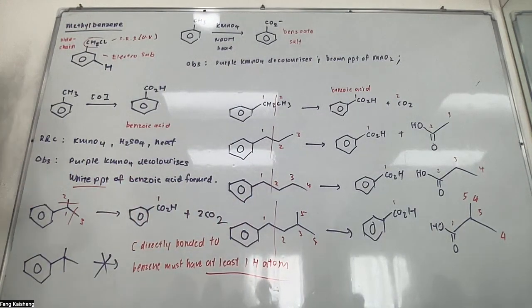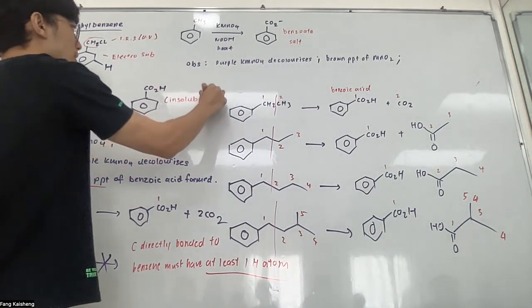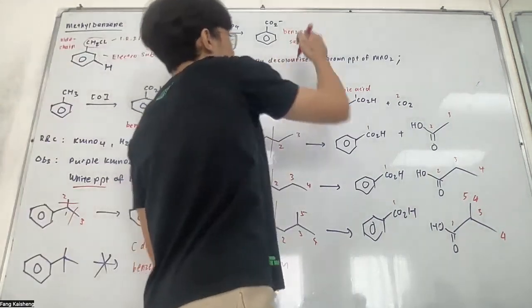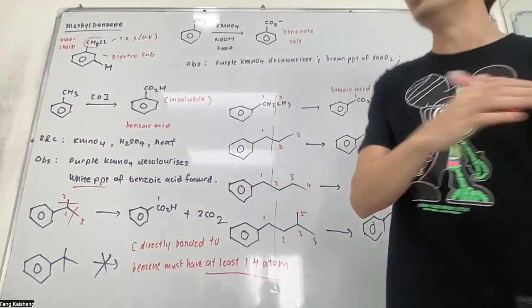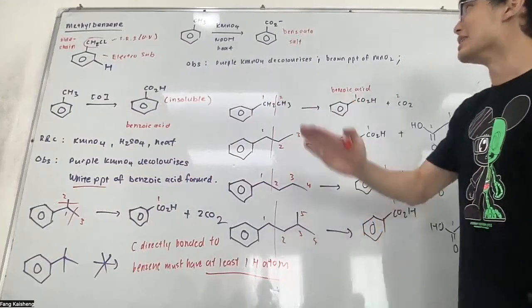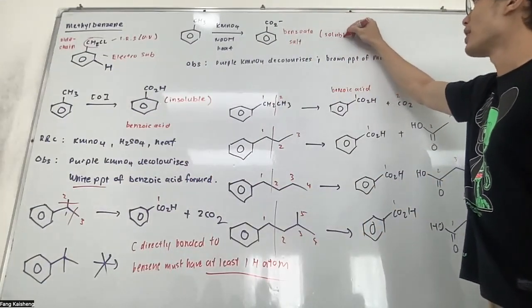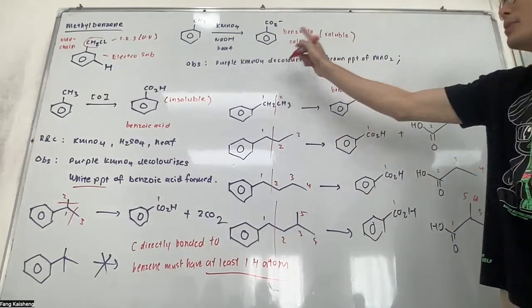If it's a white precipitate, does it imply it's soluble or insoluble? Okay, good. Benzoic acid here must be insoluble in water. We learned solubility here. But benzoate salt, I can tell you guys, there will be no white precipitate. If there's no white precipitate, it implies that this guy is soluble.